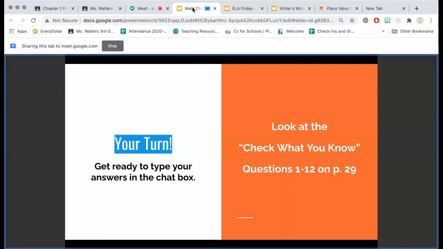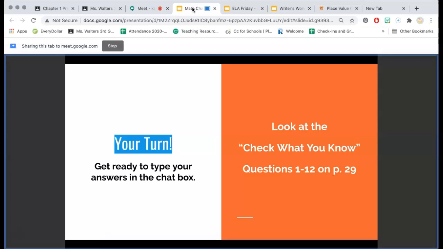Okay, so it says, look at the check what you know questions, numbers 1 through 12 on page 29. If you have your microphone on, please turn it off, my friends. Number 1 says 62,574.